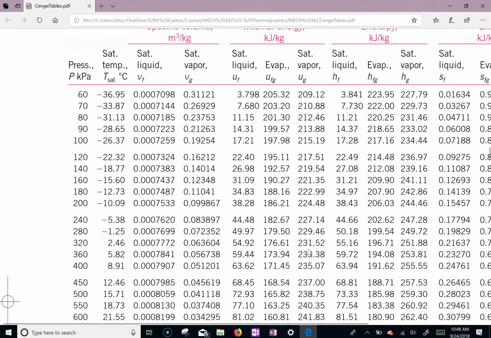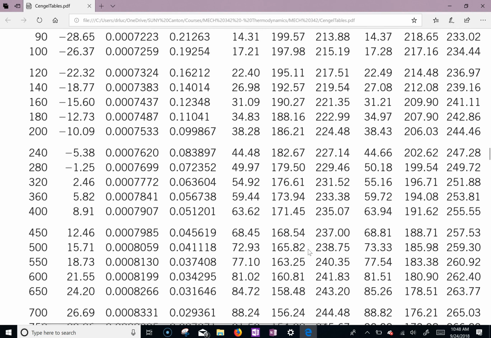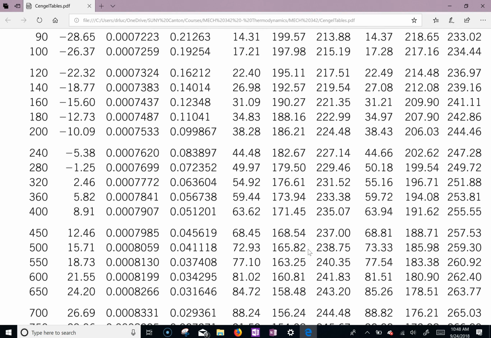Pressure was 550, and then the temperature is the next column, 18.73. And what was it? VG, 0.0374. So right along this, this is pressure, temperature, VF, VG. Okay? All right.